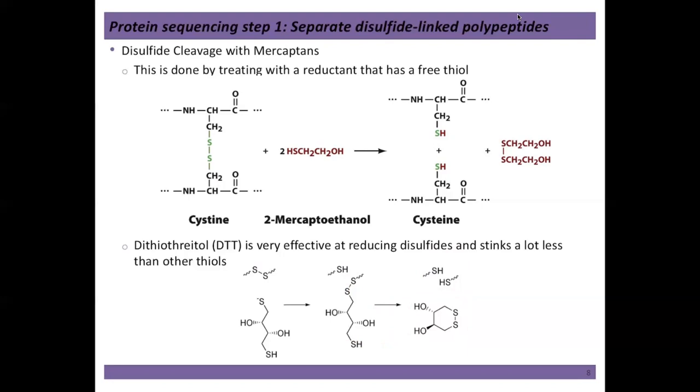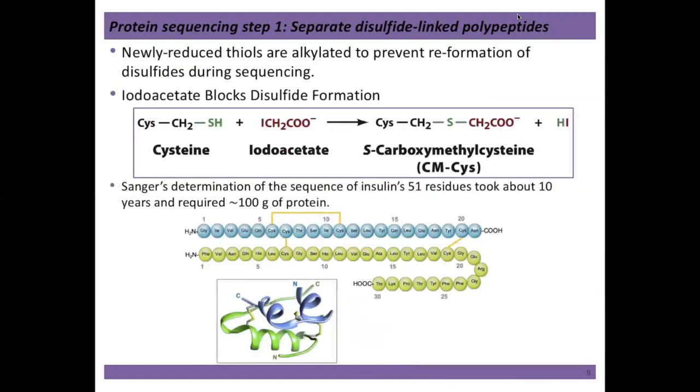Now, you reduce these down and get these free thiols, but the problem is they will go and form disulfides again in the presence of oxygen and other reagents. So you need to cap those cysteine residues. They're problematic, they can get oxidized, and they're very good nucleophiles.